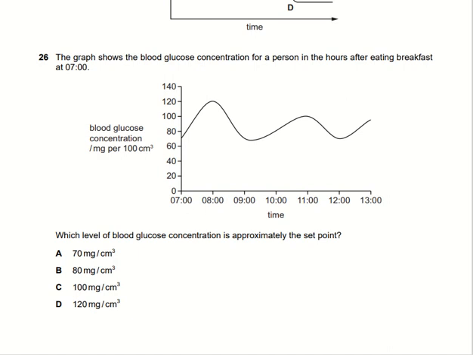At 7 a.m. the person has breakfast, and then the concentration of glucose will go up and down time and again, right? So 80 milligram per centimeter cube will be that particular set point. We can say that 80 milligram per centimeter cube is the glucose concentration just after the breakfast. So 80 milligram per centimeter cube is the accurate answer.